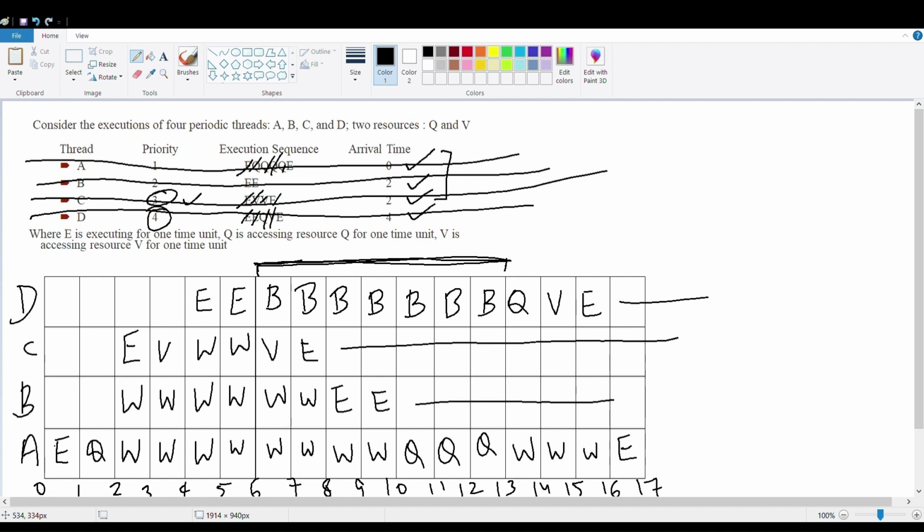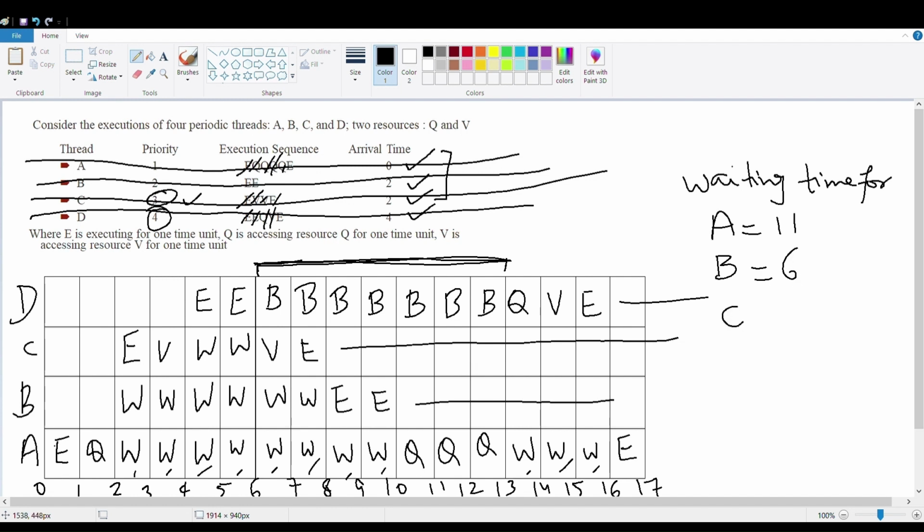You can find the waiting time for process A. The waiting time for process A is 1, 2, 3, 4, 5, 6, 7, 8, 9, 10, 11. The waiting time for process B is 1, 2, 3, 4, 5, 6.